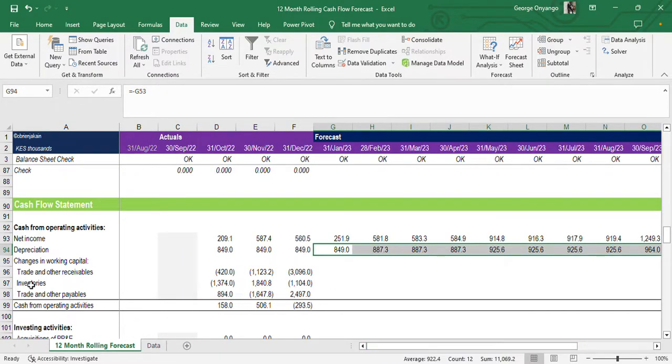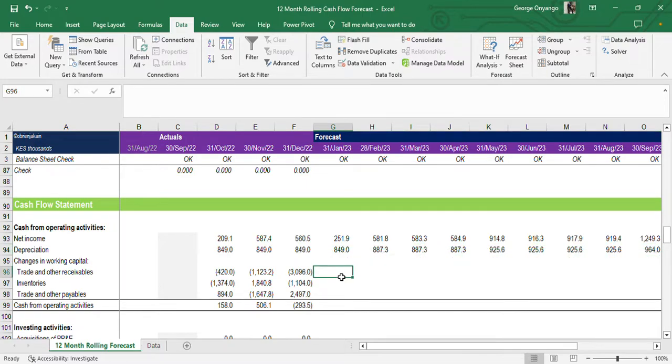Then we have the changes in working capital. The changes in working capital, remember, trade and other receivables, when they increase, they lower the cash flow of the business.